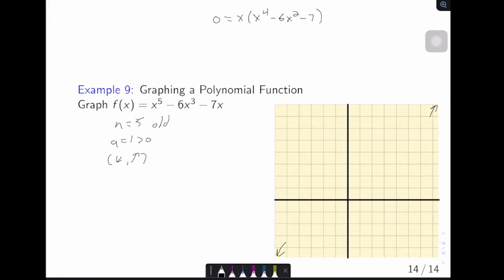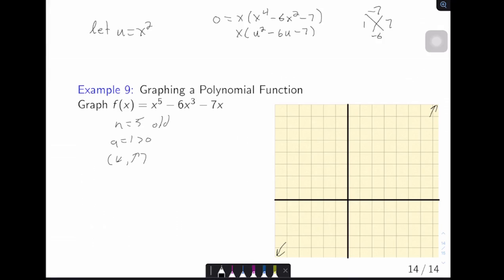So I'm going to say let u equal x squared. I'm going to leave this x here because we haven't done anything there yet. So we're going to get u squared minus 6u minus 7. So now that looks like something that we can factor. We need a negative 7, and then it adds up to be a negative 6. 7 is a prime number, so it only has 1 and 7.